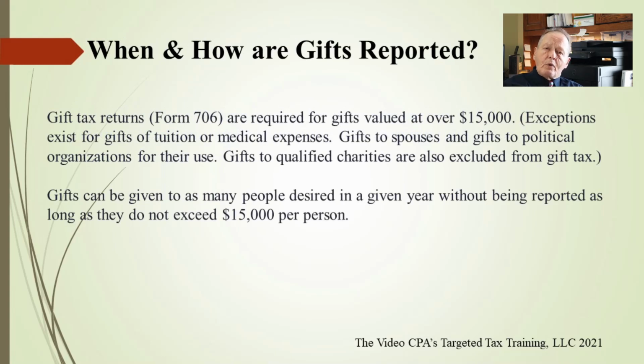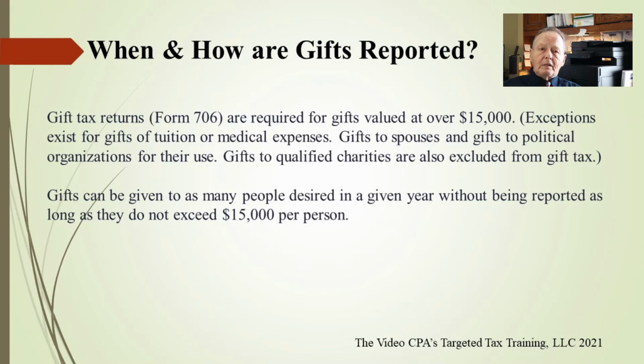You're supposed to use Form 709 when you give anything to a single person over $15,000. Now, $15,000 is the annual exemption. You can give gifts up to $15,000 to as many people as you want during the year. But if you give over $15,000, you're supposed to file the gift tax return. There are some exceptions.